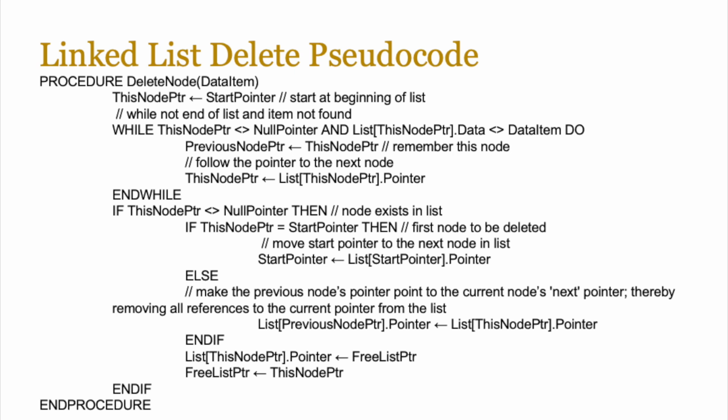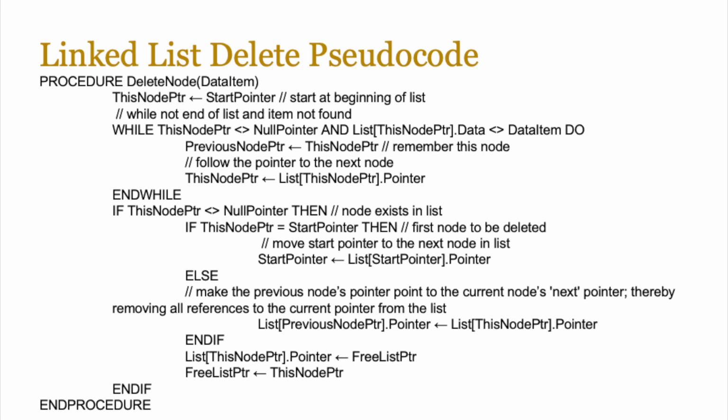We then use a selection to once again check if this node pointer is not the null pointer. That basically implies that it exists. If it is the null pointer, then we will need to do something else. But if this node pointer is not the null pointer, then therefore the node exists in the list. And then we check if this node pointer is equal to the start pointer.